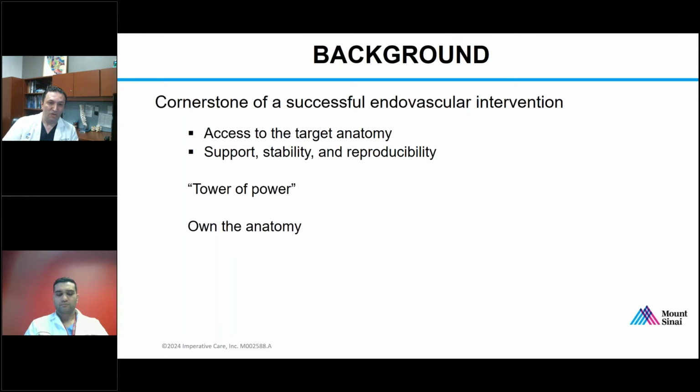Historically, the so-called tower of power has usually been a coaxial system of catheters, starting with a guide catheter, intermediate catheter, and a distal delivery catheter, which provide that support and stability required for a successful neurointervention, whether on the ischemic side or the hemorrhagic side. So that's how, until now, we used this system to own the anatomy with this tower of power.